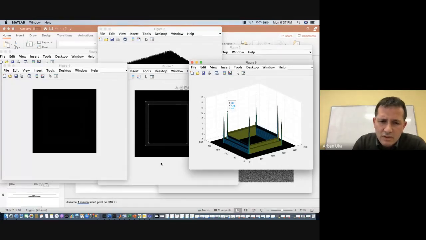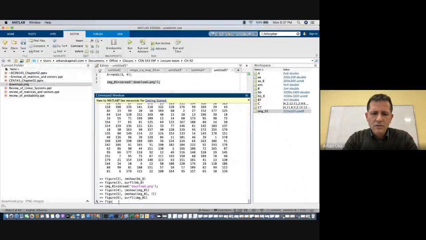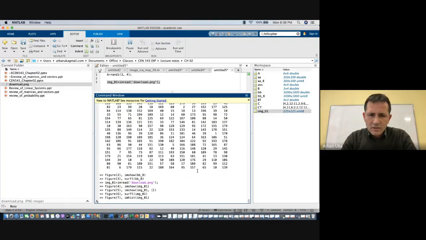Now what is also interesting to check here is the histogram. So here we have figure 7, imhist, image 01.